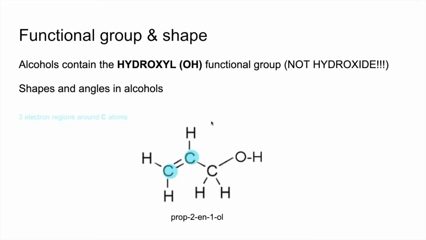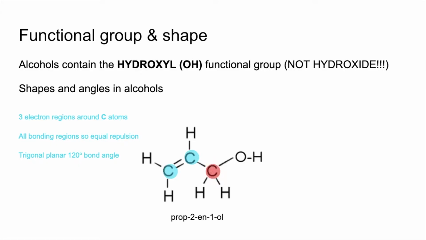So around those blue carbon atoms, there are 3 electron regions. Remember, multiple bonds count as one region. They're all bonding regions, so we're going to have equal repulsion. So the shape is trigonal planar and the angle would be 120 degrees around those two carbons.